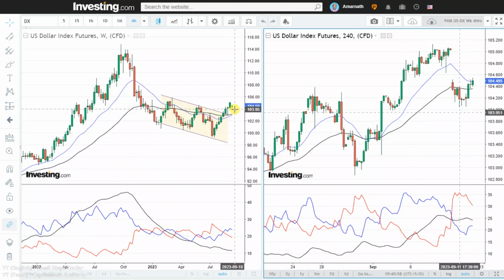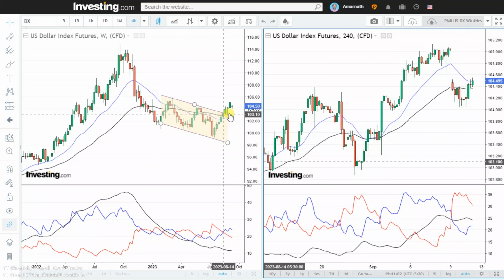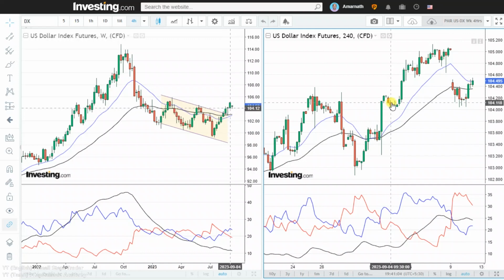If you see the weekly, it also clearly shows no momentum. That's the reason, while telling about Euro and GBP, I said the direction is not clear, not confirmed, so wait. While explaining USDINR, that's what I said. So this is all about the US dollar index.